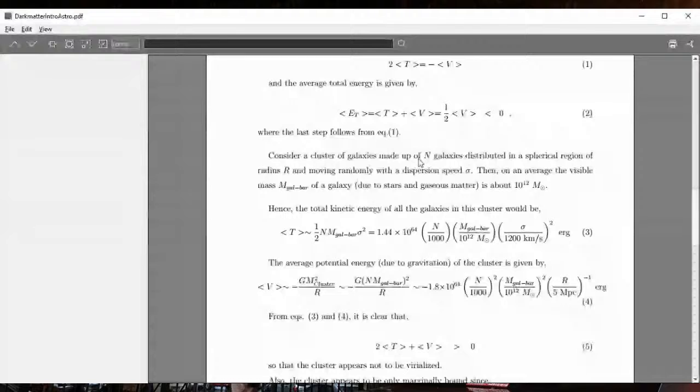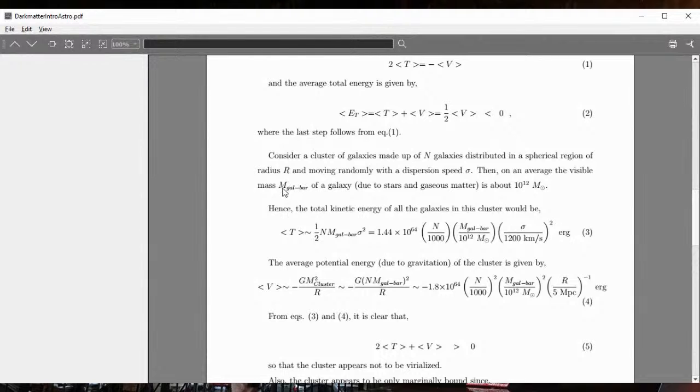Right. So suppose we did not know that the galaxy cluster had dark matter. And we estimate the mass present in the cluster by estimating the individual mass of a galaxy. An individual mass of a galaxy can be estimated by counting the number of stars, and each star will have an average luminosity, and from the luminosity we can estimate the baryonic mass of a galaxy.